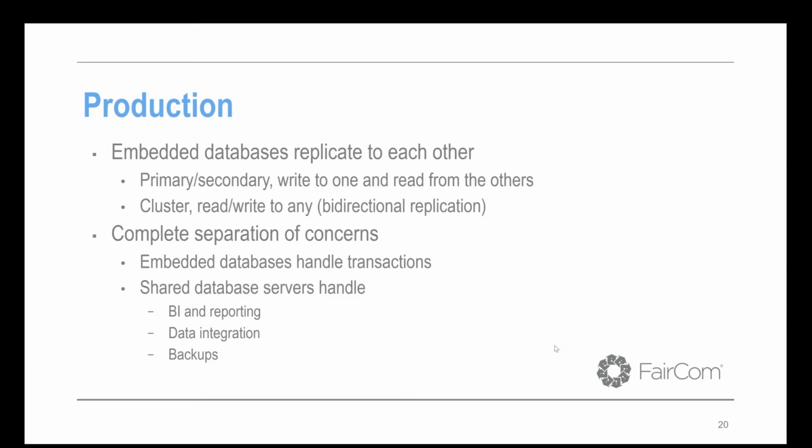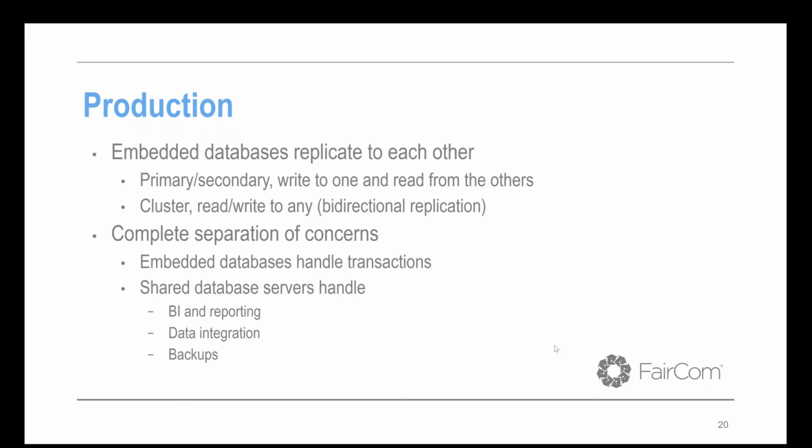So let's take it up a notch. Those are some of the concepts and principles, but what would it look like if we went into a production environment, which might be a little bit more complicated? One of the things that I think we don't always realize, embedded databases like FairCom DB can replicate to each other or to other database servers.